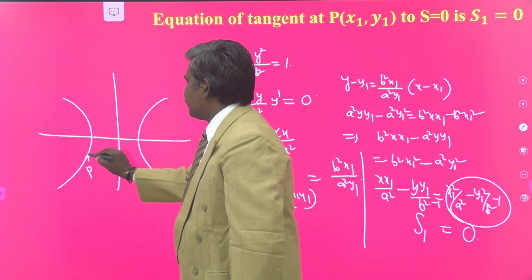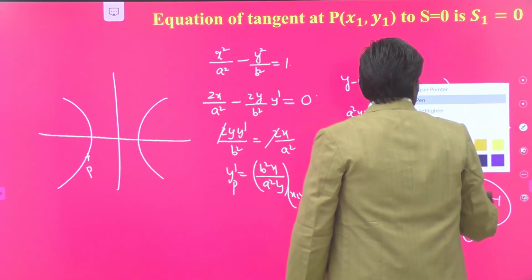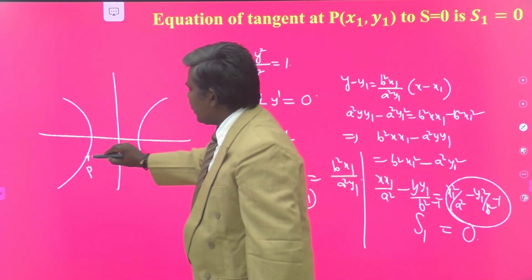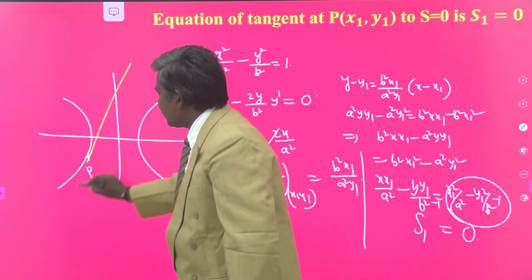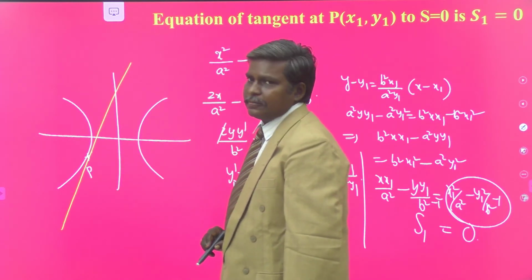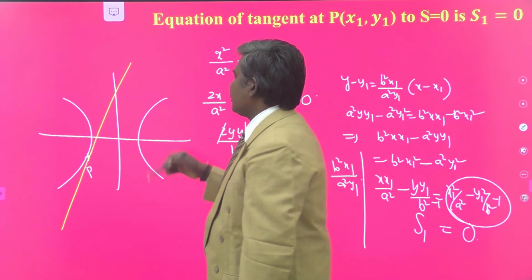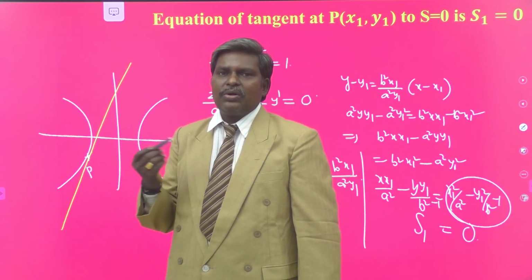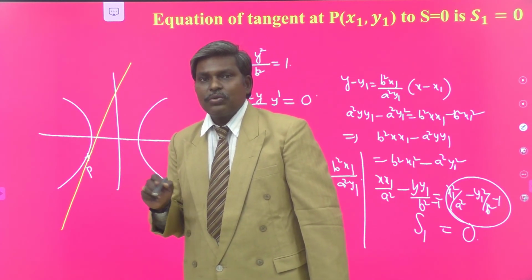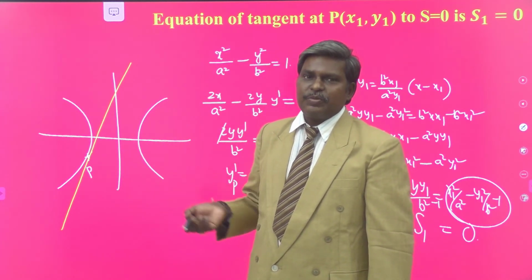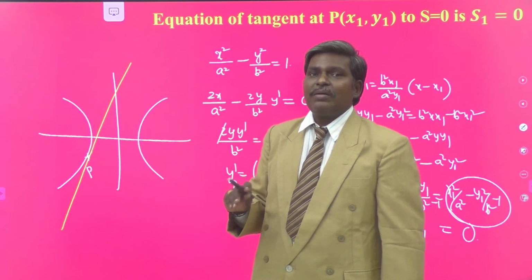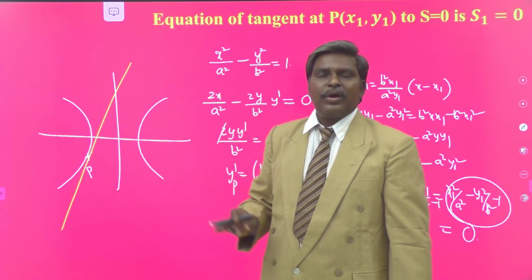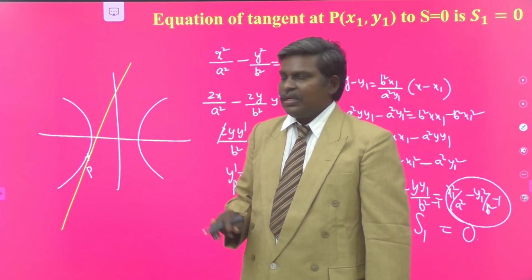This is your point P. Now you can write the equation of tangent at P to the hyperbola. So this is the particular tangent to the hyperbola. The general tangent having slope m is what? y is equal to mx plus or minus root of a square m square minus b square. That is the general tangent in the slope form. You can find the point of contact for that also.